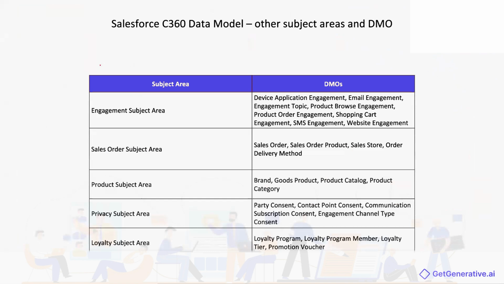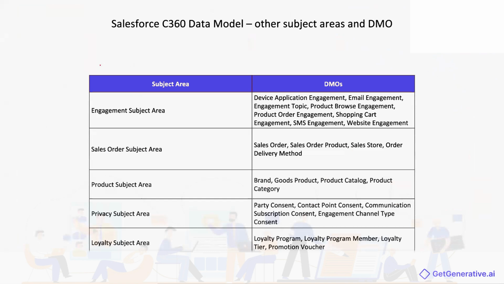Similarly, you have the sales order subject area, such as your sales orders, sales order product, sales store, order delivery method. Product subject area: to support your sales order, you might need a goods product, your master product, or your product catalog.